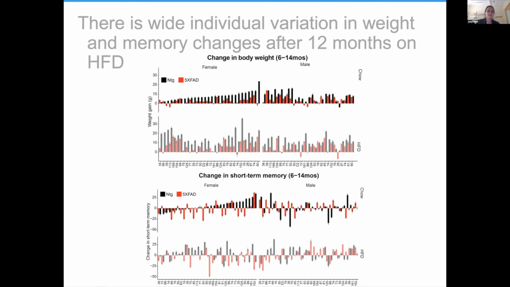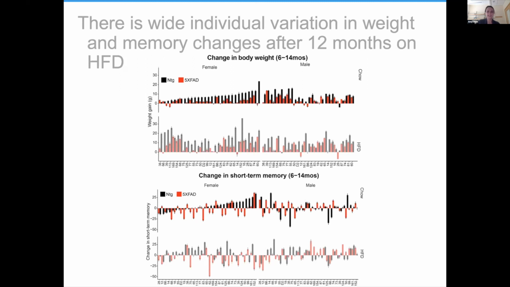And you can see that there's a wide range in susceptibility of Alzheimer's mice, both females and males, on chow and high-fat diet to this Alzheimer's-related weight loss. And similarly, there's a wide range in vulnerability and resilience to Alzheimer's-related cognitive decline across this time.